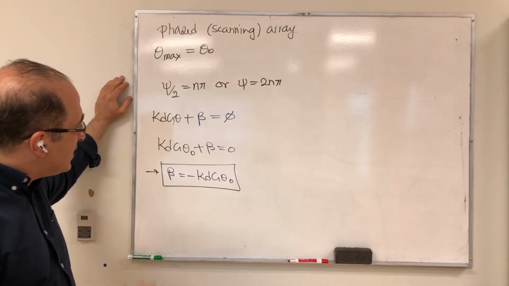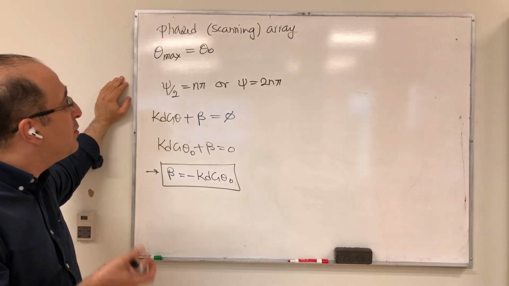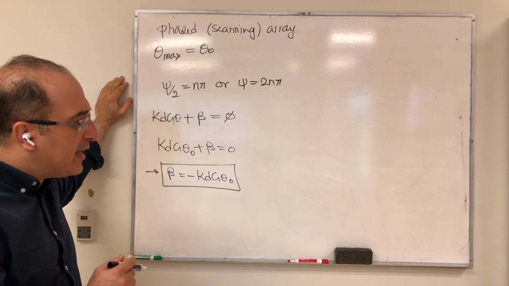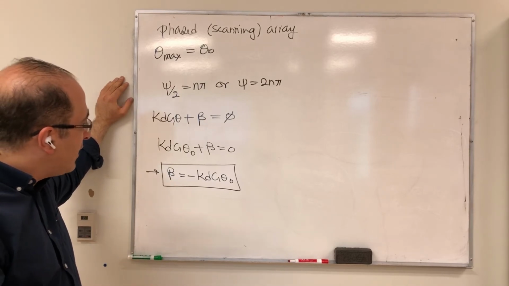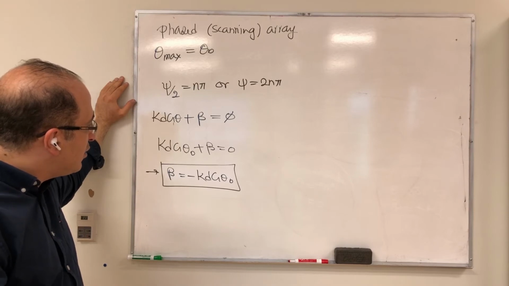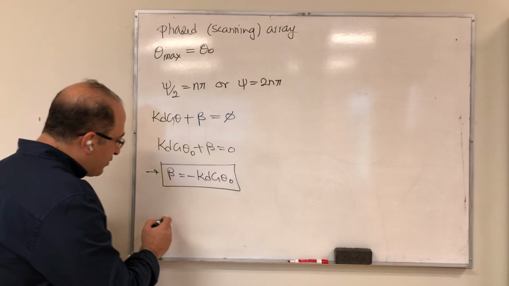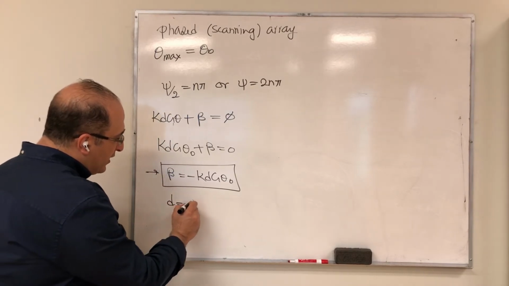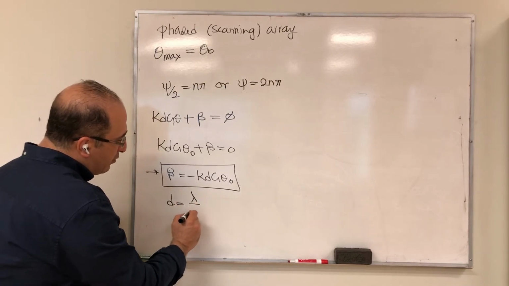So this would be the phase that you need to make sure that you get your maximum at a certain angle, let's say theta naught. So let's verify that together. Maybe we start with an example. Let's make an example that makes it easy.